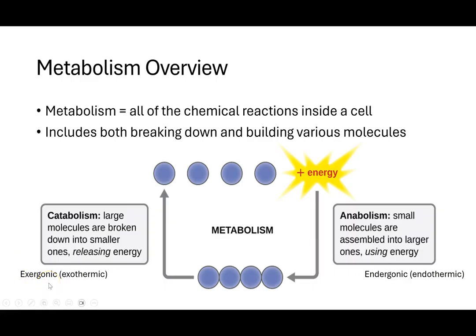Generally, when we're talking about these types of reactions in living things, sometimes you'll see the word exothermic pop up here and there, which still is breaking things down and releasing energy, but the thermic part of that refers to heat. So exothermic reactions are going to release heat.